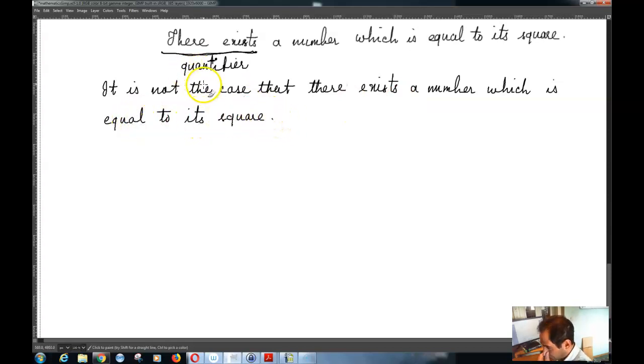And then you can rewrite this as, I think you can say, for example, there exists no number which is equal to its square. So basically what's written here is that there does not exist a number.